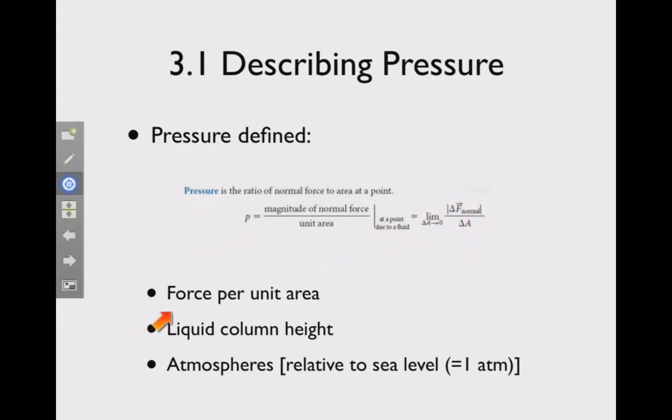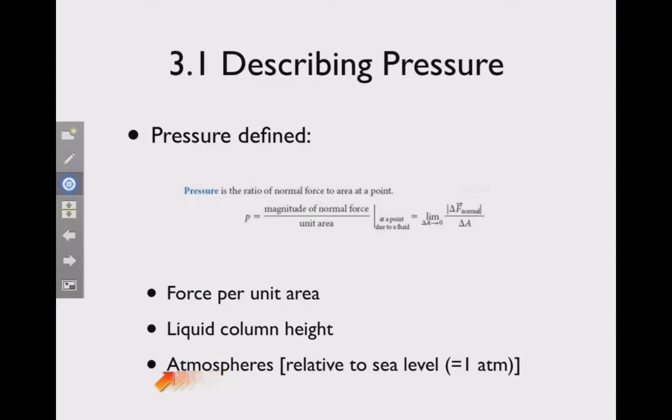We know that this is force per unit area, and we now have a sense that this is going to be different as we go down in a column of fluid, that the pressure is going to be getting greater and greater as we go down in the fluid. And that this is going to need to be balanced by the weight of the fluid parcel.